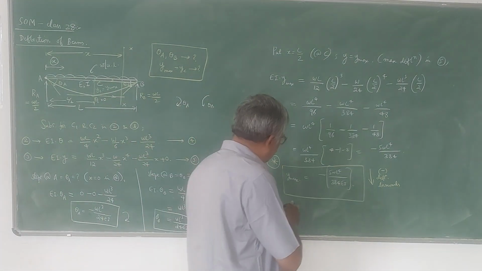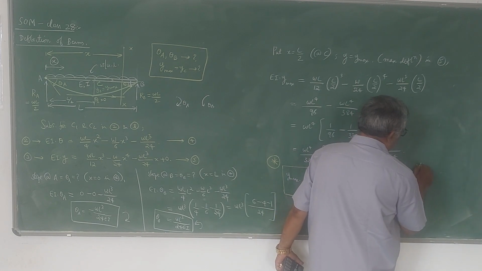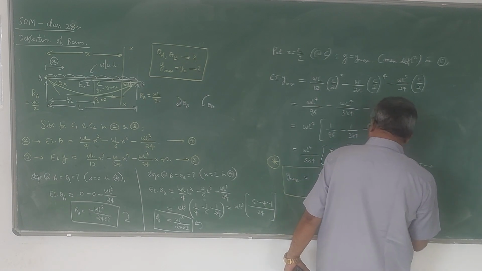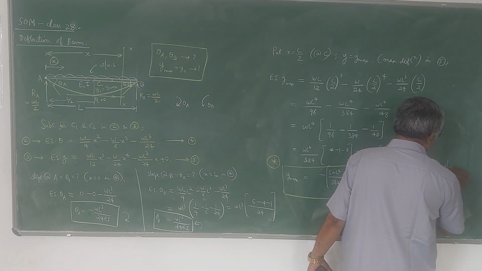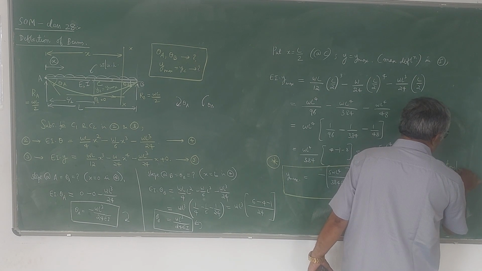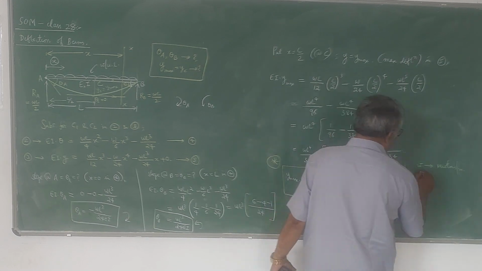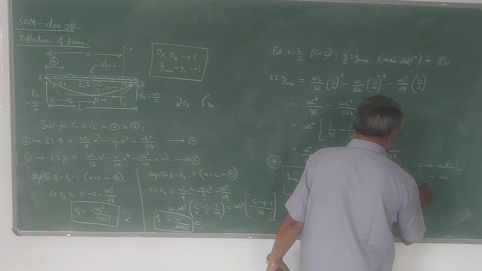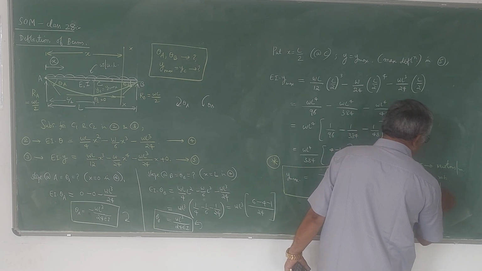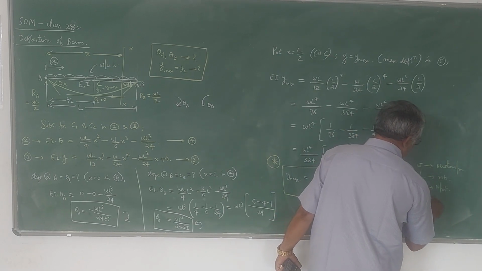Now we should be very careful about the units here. Normally when doing a problem, we will take W in newtons per meter, L in meters, E in Newton per meter square, I in meter power 4.